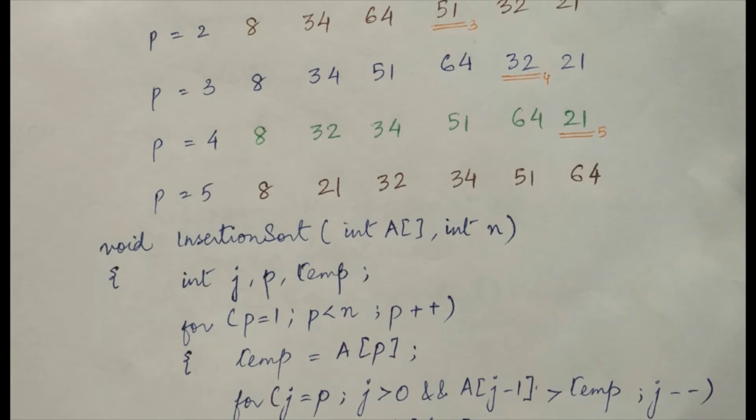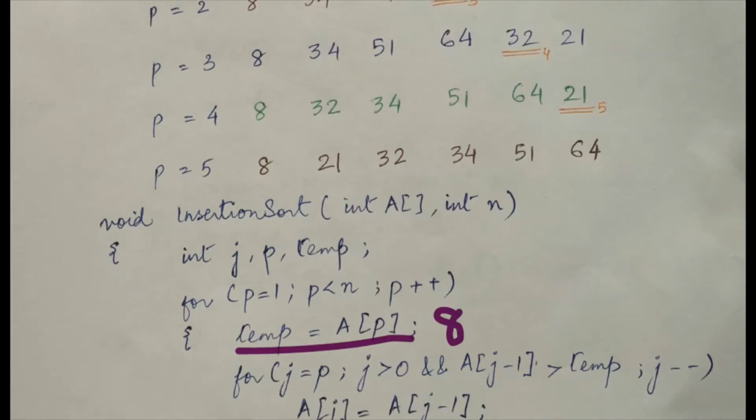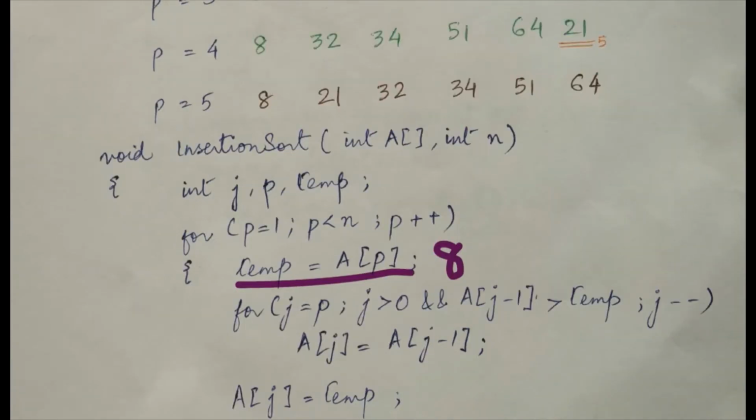We put 8 in temp, so temp has 8. j is equal to p, j is 1, j is greater than 0, so j will go from 1 to 0 because I'm doing j minus minus. So I'll compare 8 with all the elements on its left.